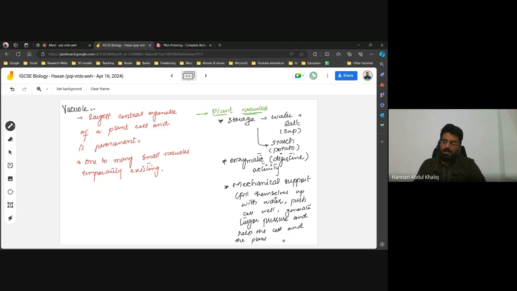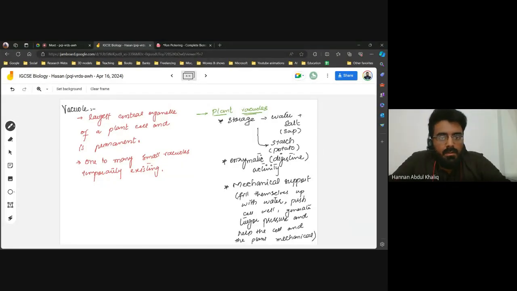Okay, mechanical help to the cell, that we can understand, that the water is helping the cell maintain its shape. But how is this turgor pressure helping the plant overall?